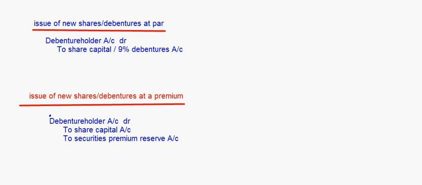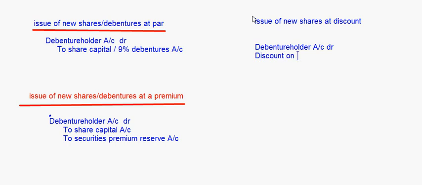Okay, now the third case is issue of new shares at discount. So the entry is now debenture holder account debit, discount on issue of shares account debit to share capital.